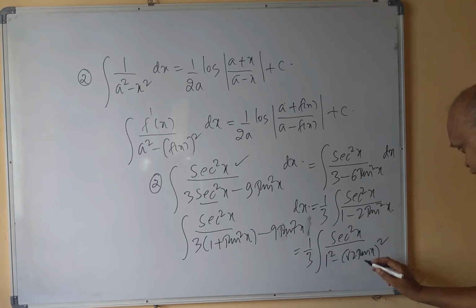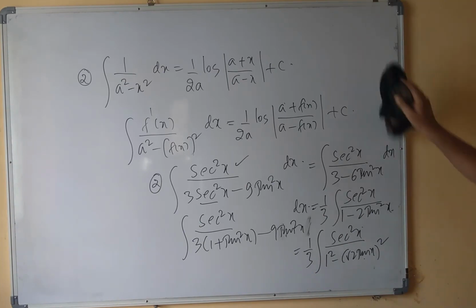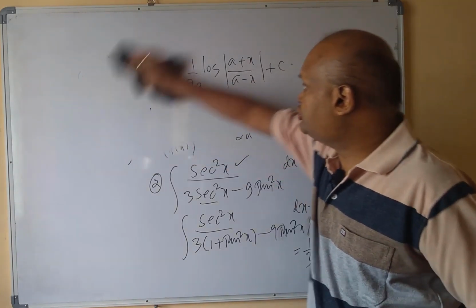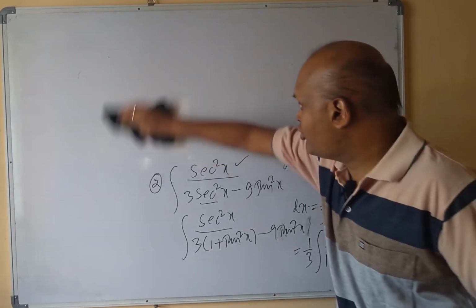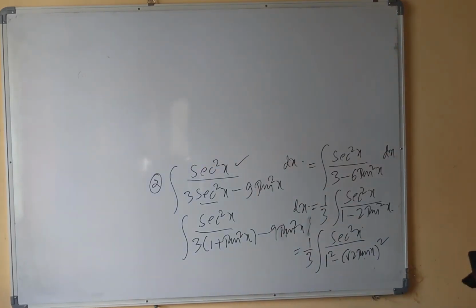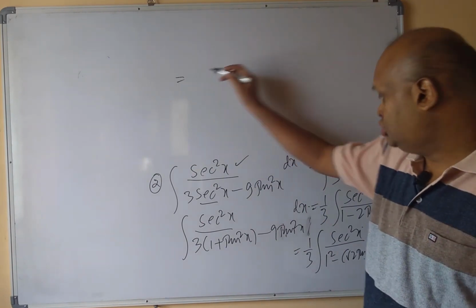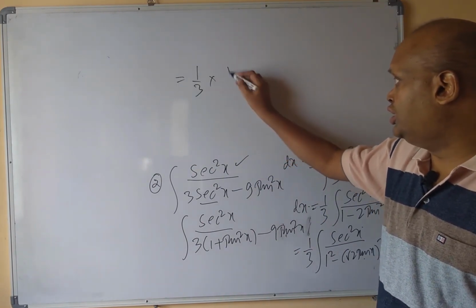And what is the direct answer? This is f(x), this is your f dash x. So I am going to write the answer now, very quickly. So your answer is going to be equal to 1 by 3, 1 by 2a.